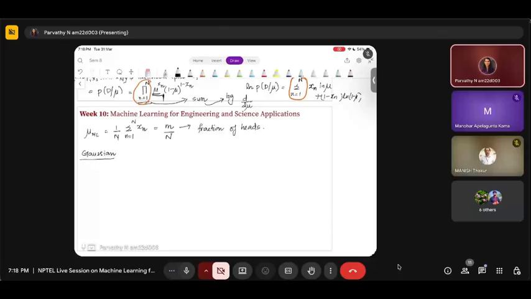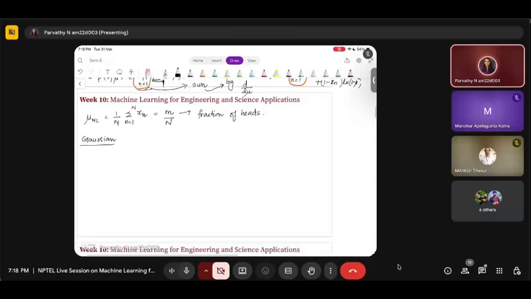So in case of binomial, here you have only one flip, but in case of binomial, we consider the total count of m heads in n flips.